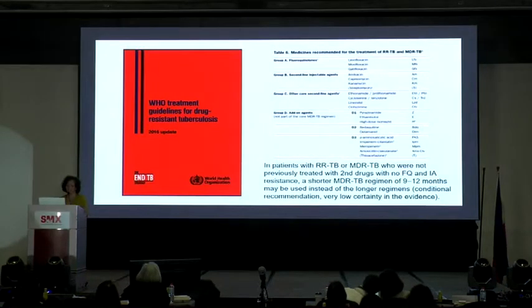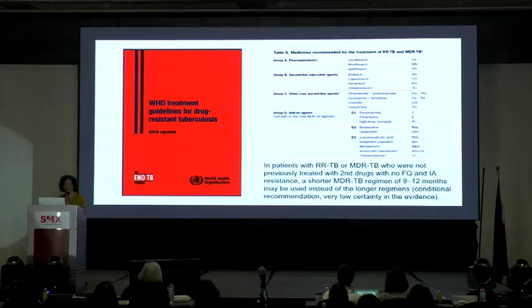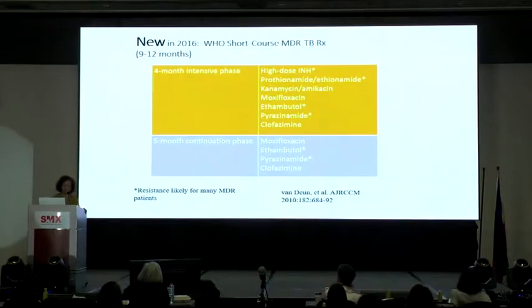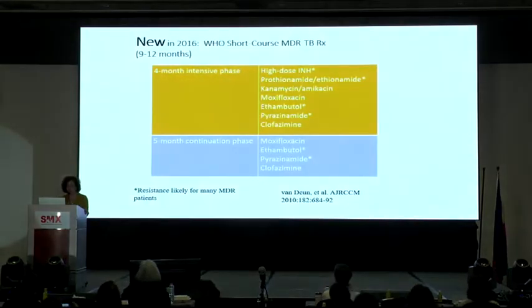And then in 2016, this was updated because there was a big cohort of the 9-month regimen in Bangladesh, where the WHO has recommended that most patients should be given the 9-month regimen. I will tell you the 9-month regimen in the next slide. So this would be the 9-month regimen.